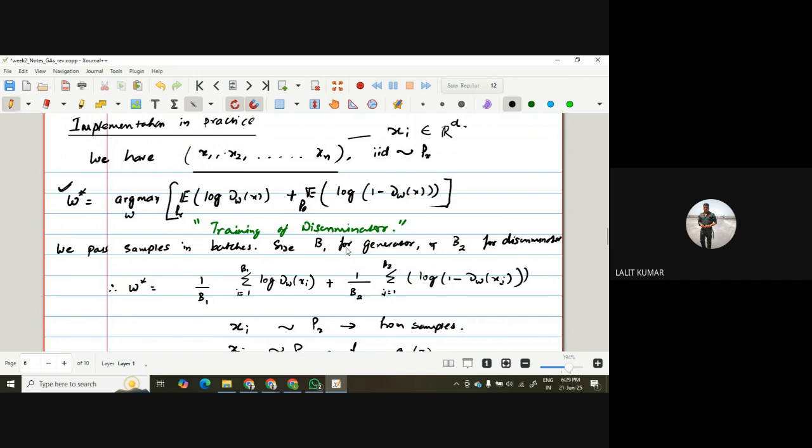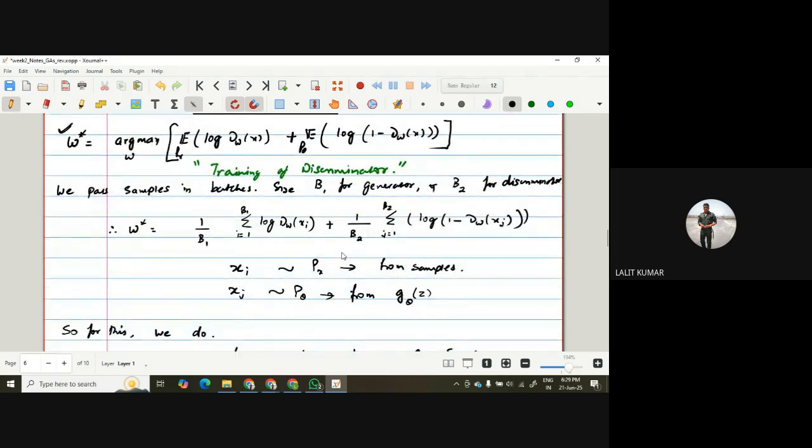So how do we train the discriminator? We always pass samples in batches, as we have seen in deep learning and in LLMs also. For the generator, the number of samples is beta 1, and for the discriminator we are passing beta 2.